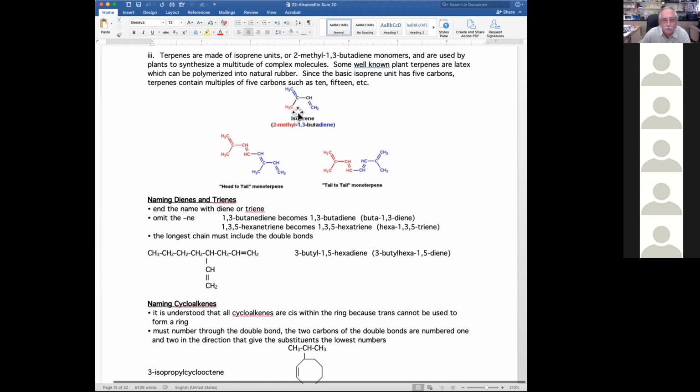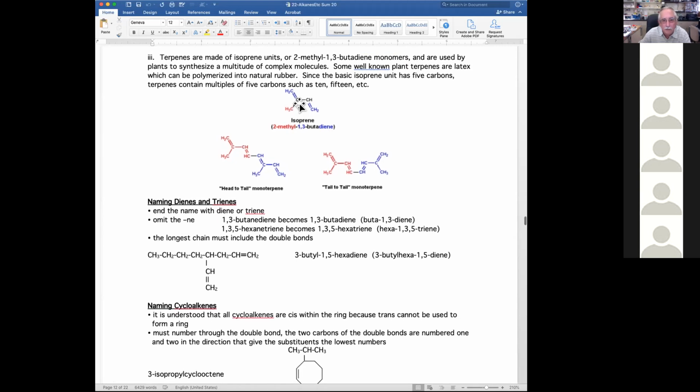And notice that there is a single bond right here in the middle, so you can rotate this right there. Let me just see how this works. I'm going to play with my iPad here.